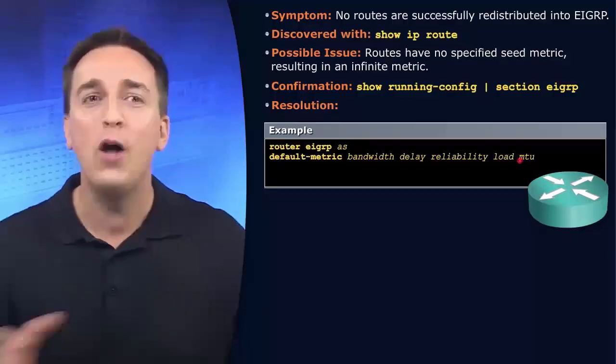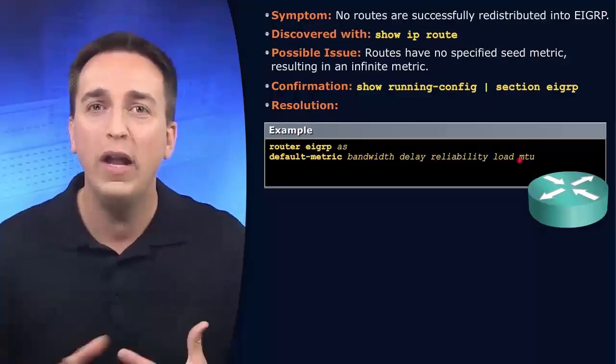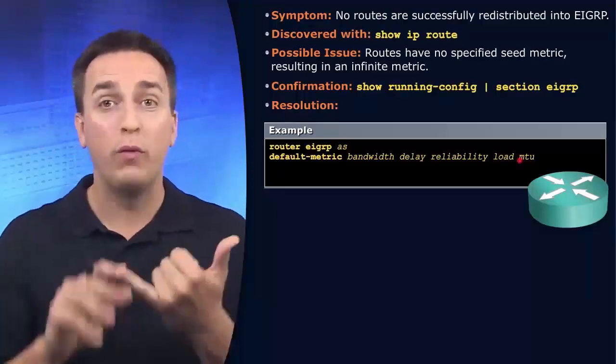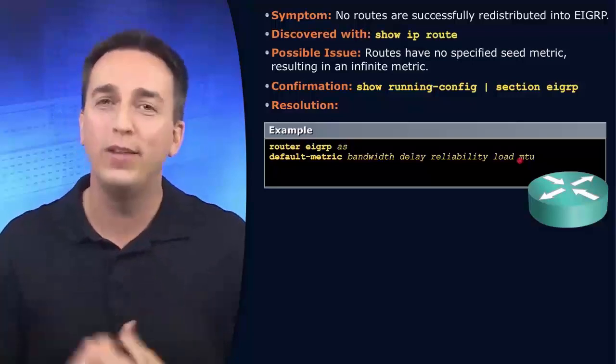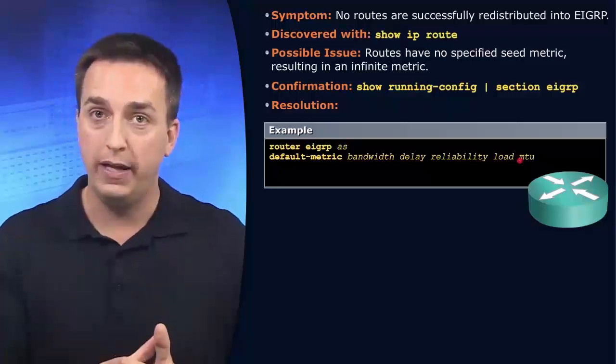Now, what if all 3 have been specified? What is the order that is preferred? Well, the route map is preferred over the redistribute command, which is preferred over the default metric command. So that's the order.